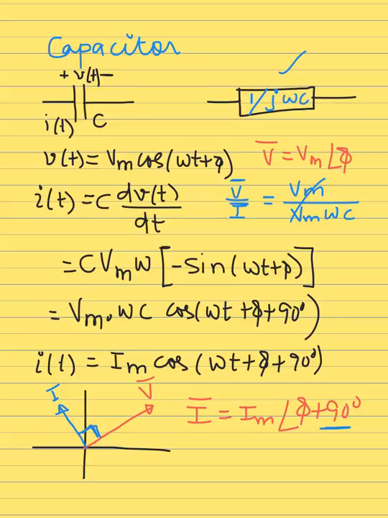So in order to change the value of the capacitor C in farads in time domain to phasor or frequency domain, its value will be 1 over j times the angular frequency times the capacitance in farads, and the unit here is going to be ohms. Okay, so that's for the capacitor.